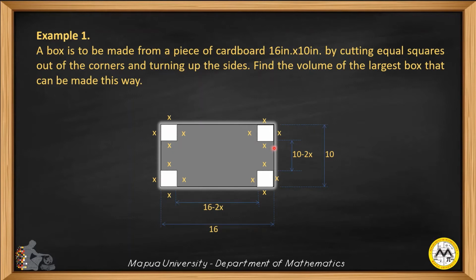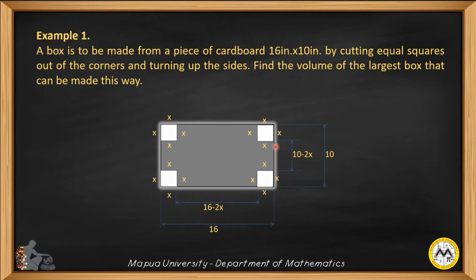The next step is to cut equal squares out of the corners, and the dimension of the square is set at x by x, so that when these squares are cut from the corners, the remaining section of the cardboard will have this dimension here given by 16 minus 2x.